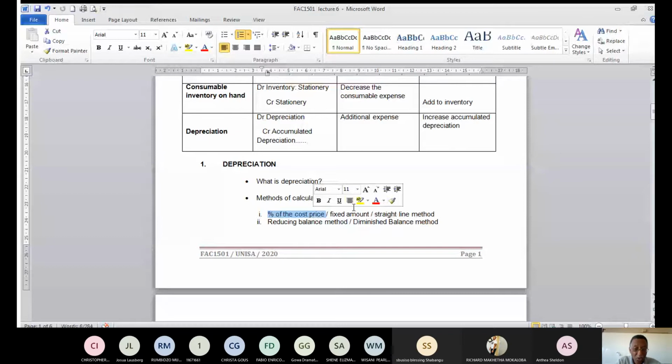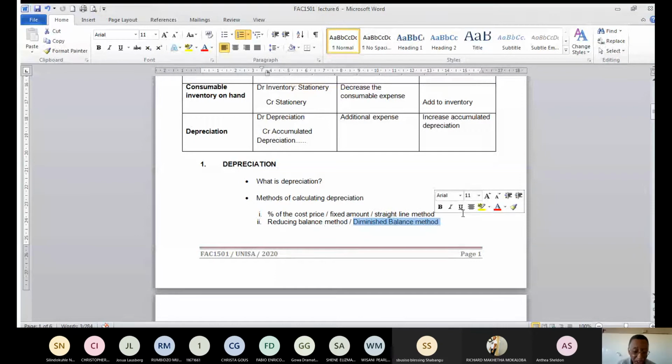That method is also called the fixed amount method because it is every year the same amount, or it is also called the straight line method. So straight line method, fixed amount method means a certain percentage on the cost price. The second method is called the reducing balance method or diminishing balance method.